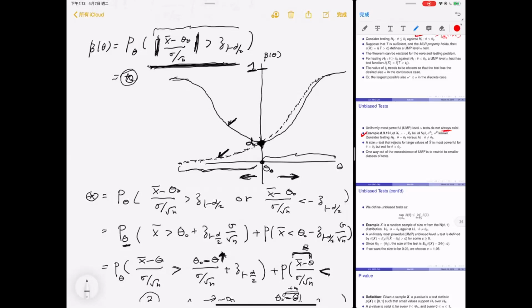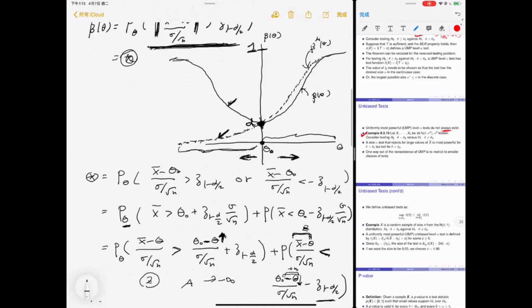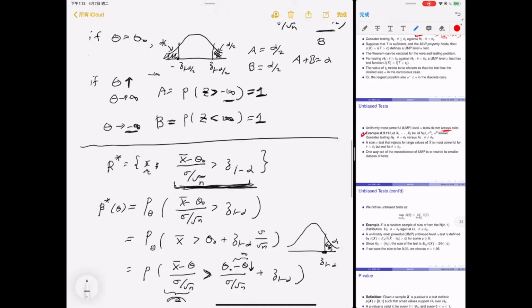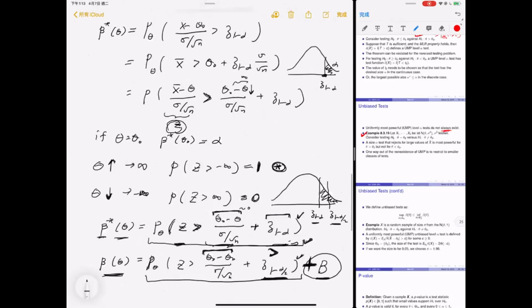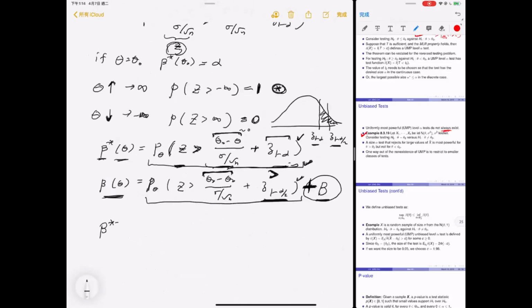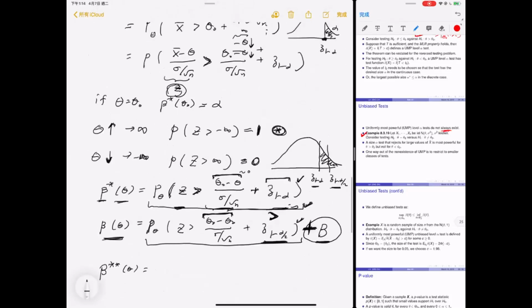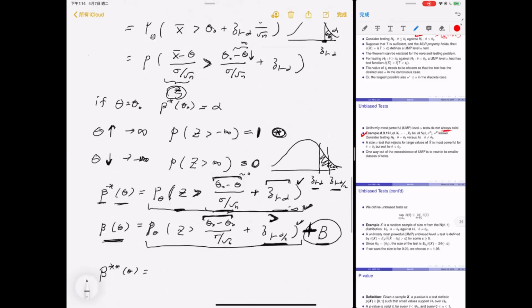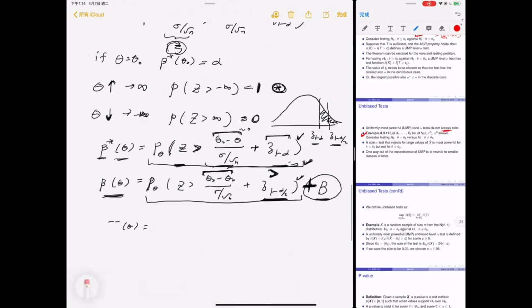This guy is beta star theta, and this real line is beta theta. Likewise, another lousy test: I can use the other side, which means another rejection region.